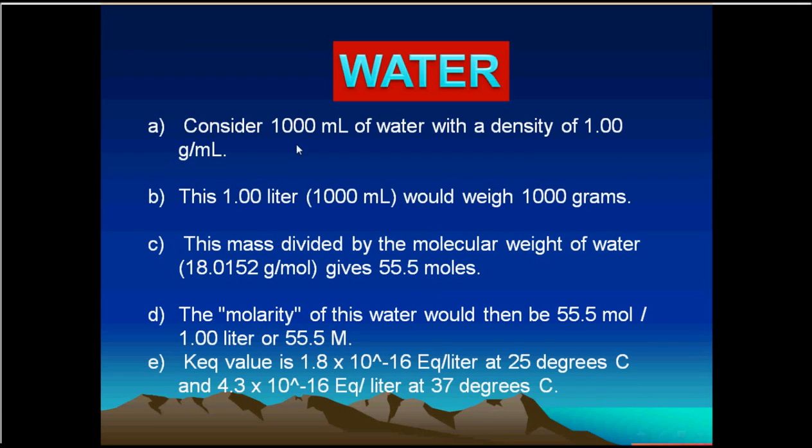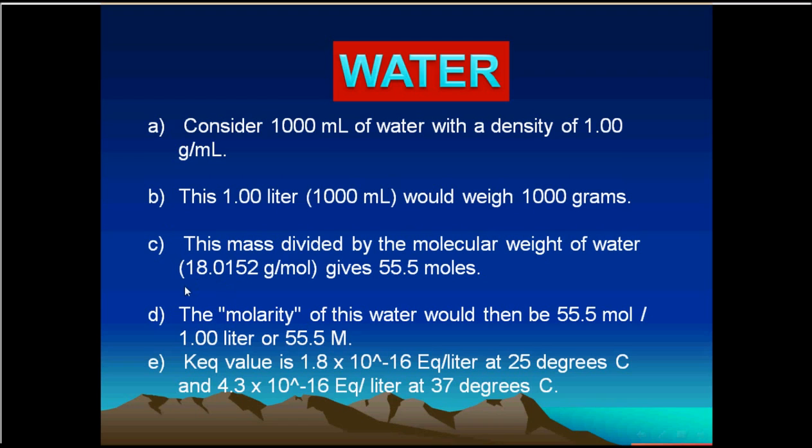It is very important to know that if you consider this water as 1000 ml with a density of 1 gram per ml, 1 liter of water will give us a weight of 1 kilogram.